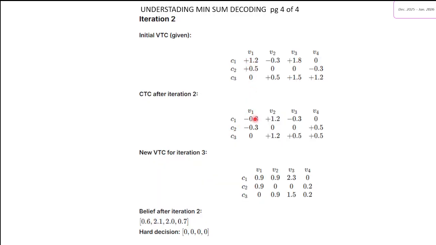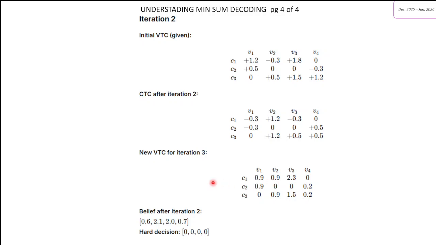Similarly this and this should give, this should be added with this one to give this one, which is right, and this should be added to this one to give this one, which is not right. Let's check the other column. This one should be, initial should be added to this one to give, again these values are not right.